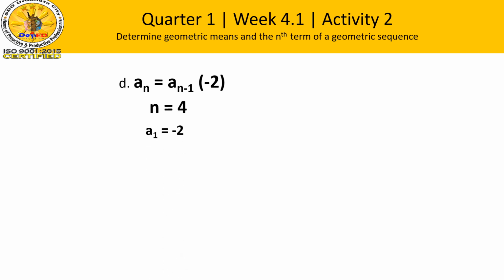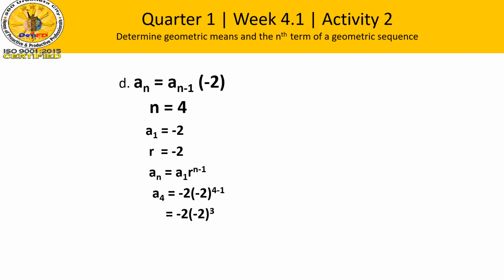When n is 4, a sub 1 is equal to negative 2, r is equal to negative 2. So using your equation, by substituting the value of n, a sub 1 and r, we have a sub 4 is equal to negative 2 multiplied by the quantity negative 2 raised to 4 minus 1.